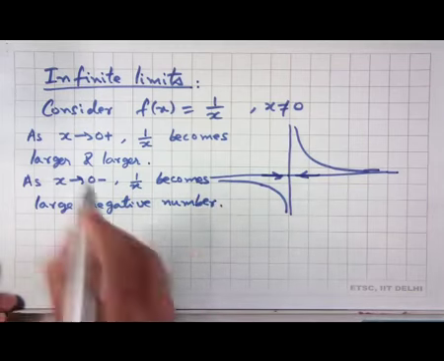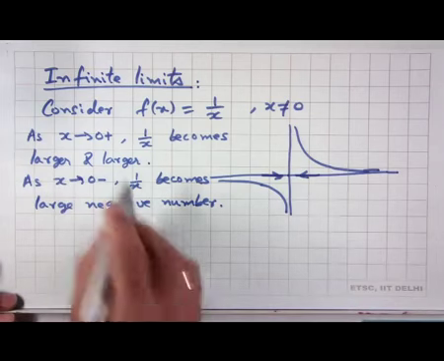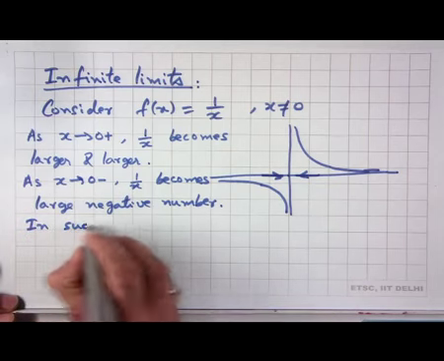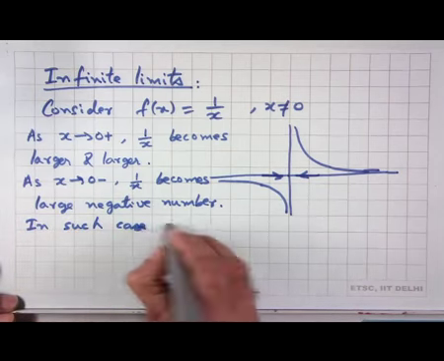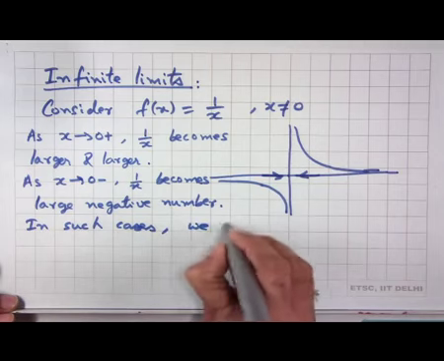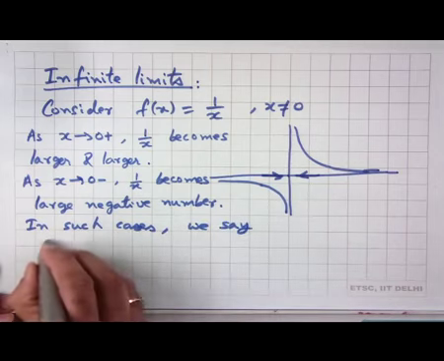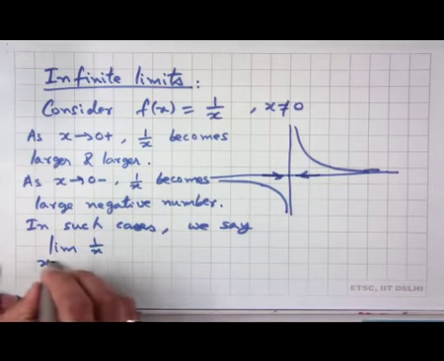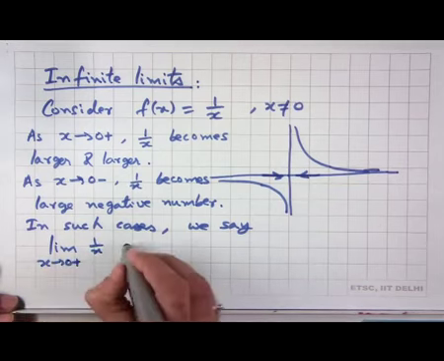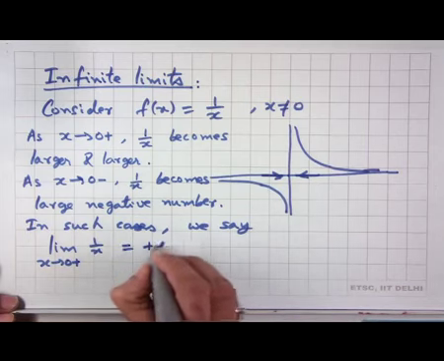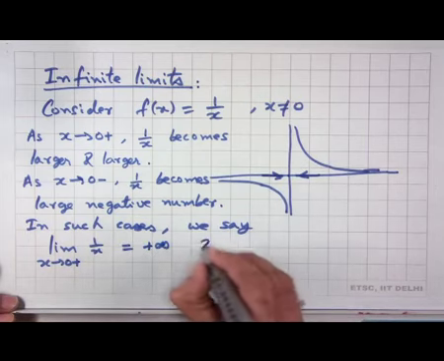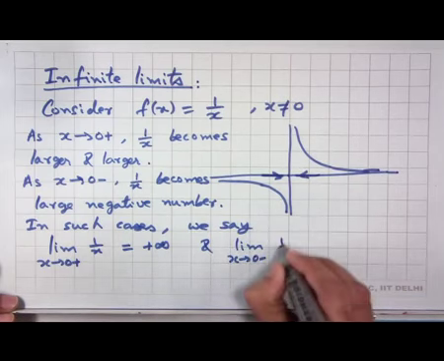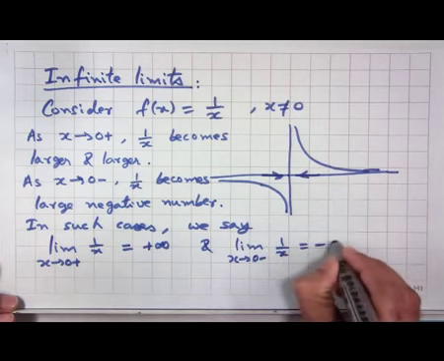We will explain this more rigorously, but in such cases we say the limit of 1 by x as x approaches 0 from the right is equal to positive infinity, and the limit as x goes to 0 minus of 1 by x is equal to negative infinity.